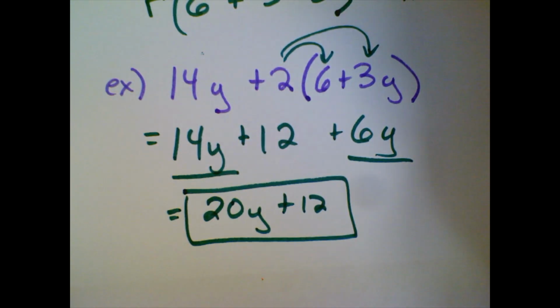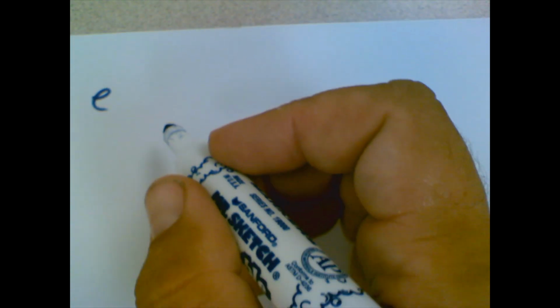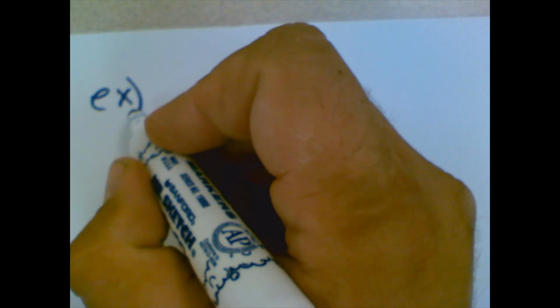Let's take a look at one more example. Now, let's do a translation problem where you have to translate a sentence into a mathematical expression. Okay, and so what we'll do is we'll translate this example and then we'll combine like terms.